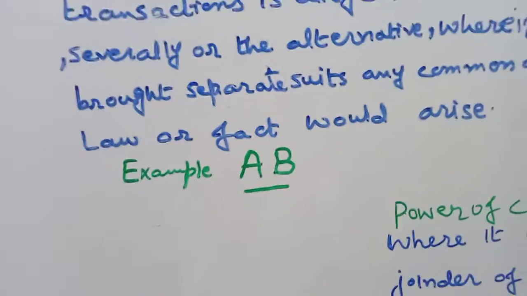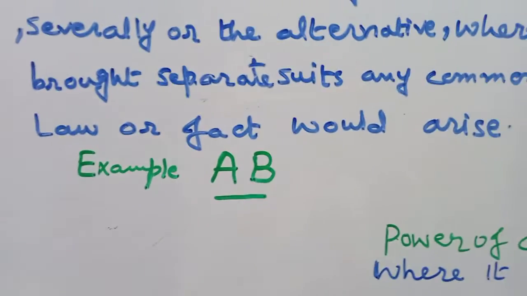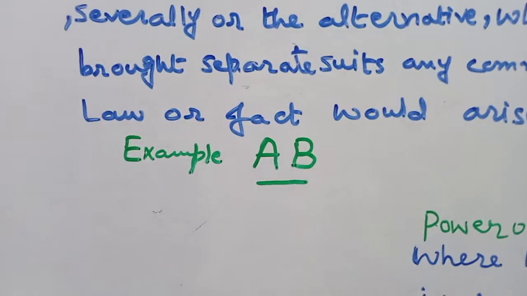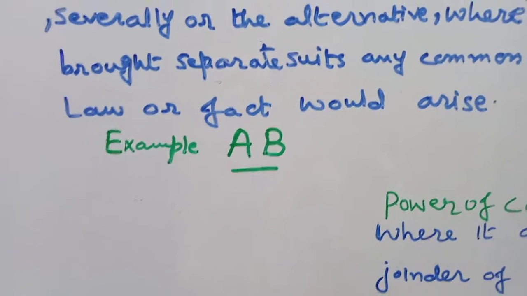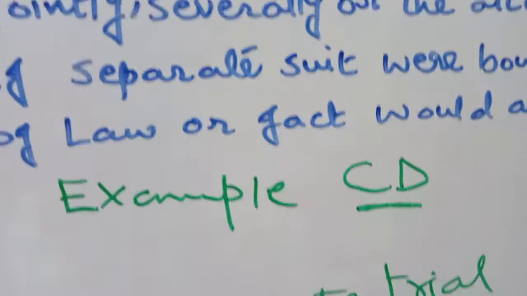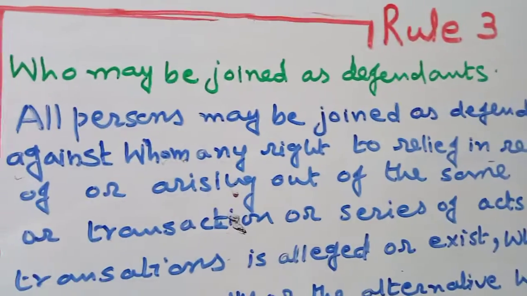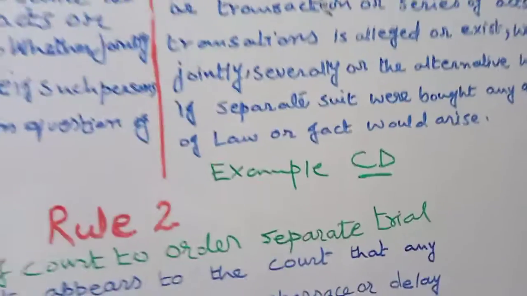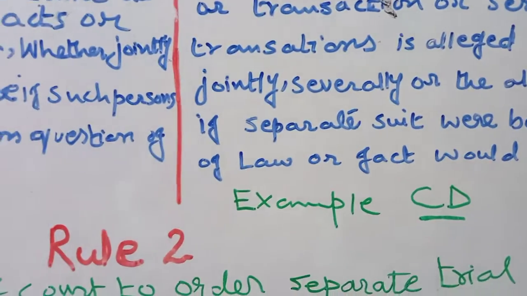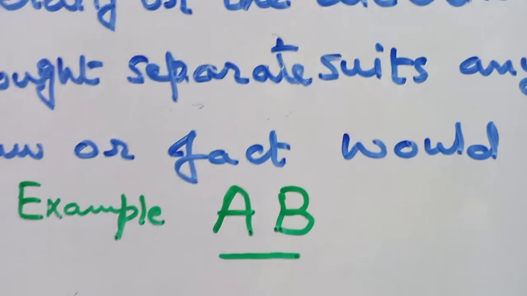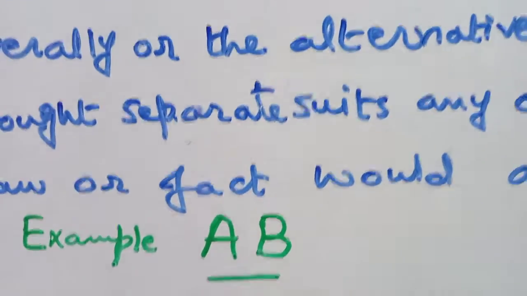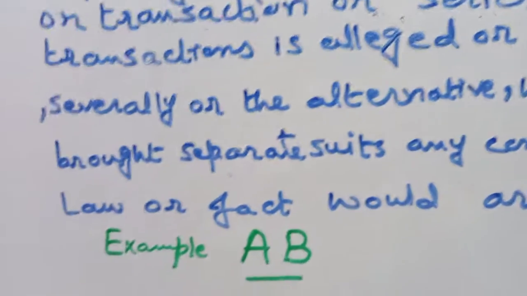Let's take an example. A and B are sisters. Their property is in Karachi and Lahore. C and D are brothers, the defendants. C and D did not give a share to A and B. So A and B make a plaint in writing and become joint plaintiffs.